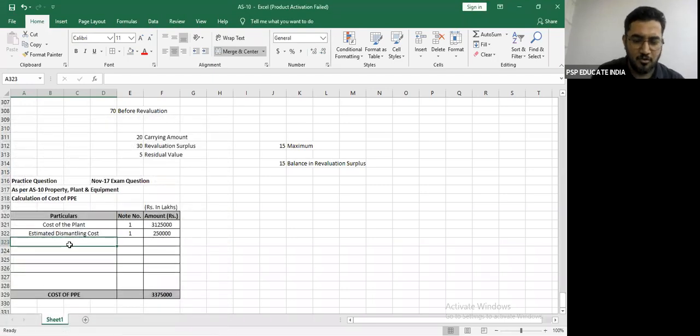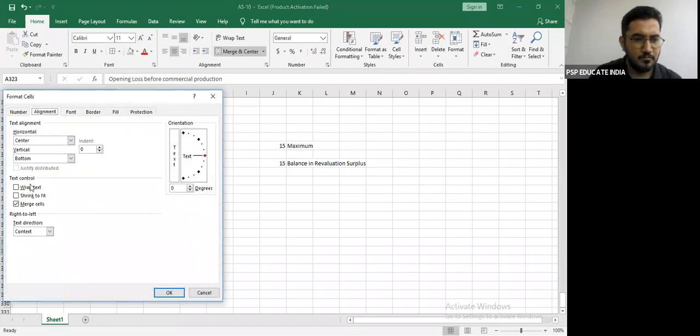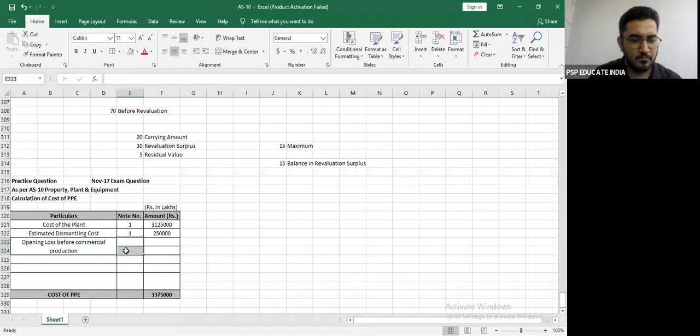So you have opening loss before commercial production. How much will it be?